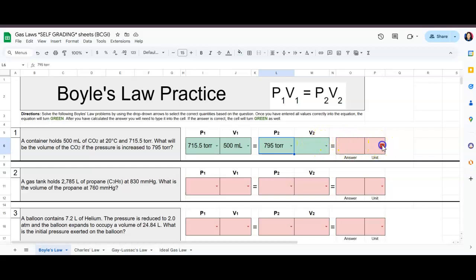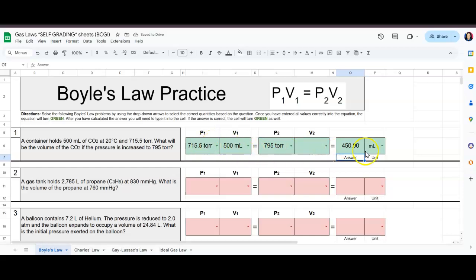Then all I have to do here is put the unit of my answer, which would be in this case, since there's a duplicate of torr, and since volume 2 is what I'm looking for, it would be milliliters for my unit. And then all I have to do is actually do the calculation, which again, I would multiply the 715.5 times the 500, and then I would just divide by the 795 to get my numerical answer, which would be 450. So here you can see that that is also correct.